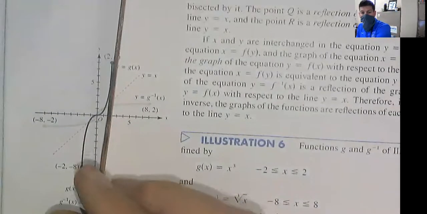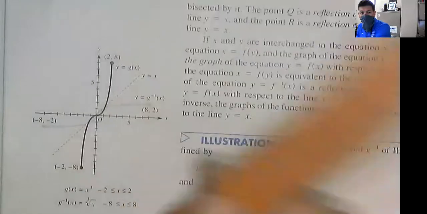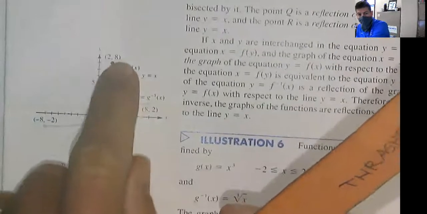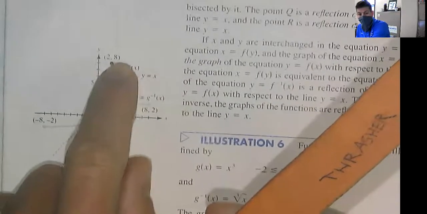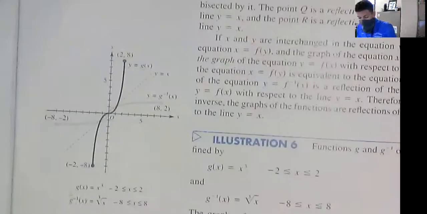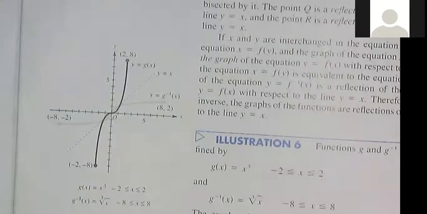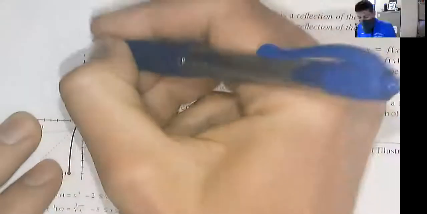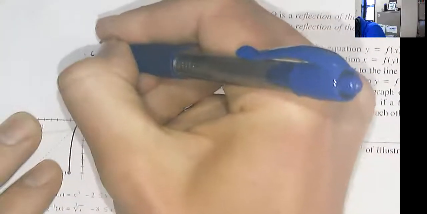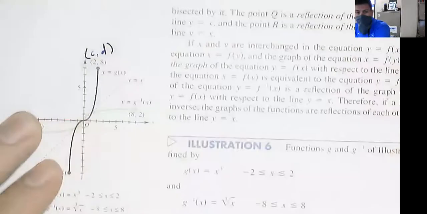What this theorem is telling us is that if we go to this function value, this 8, so just vandalize our books, this is (c, d).